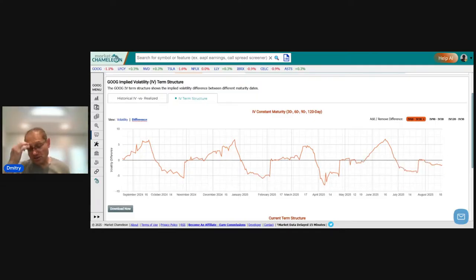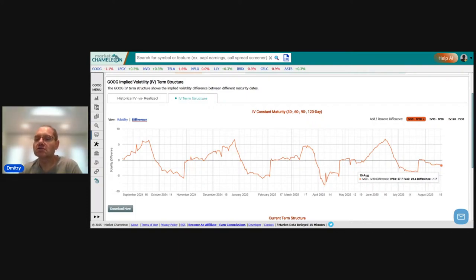So this gives us a sense of how much the 30-day IV went above the 60-day, or the 60-day below the 30-day. And the idea here is that if we're looking at the term structure and we just wanted to get a quick assessment of where we are right now, you can see the 60-day is below the 30-day by 1.7 clicks.